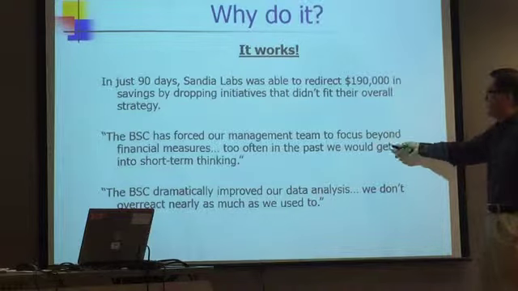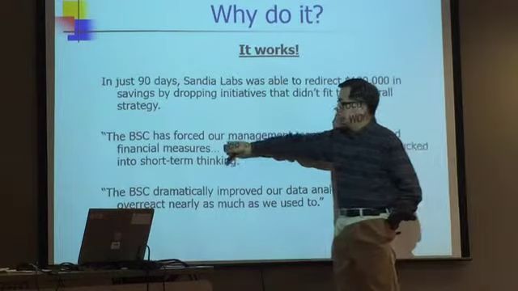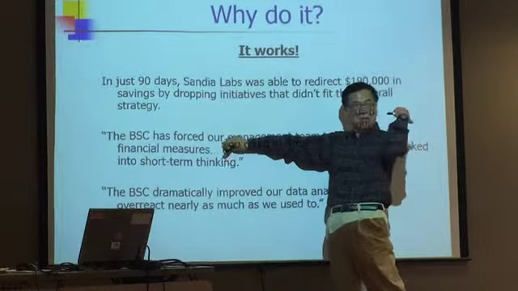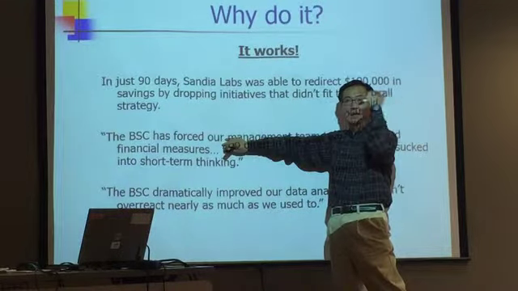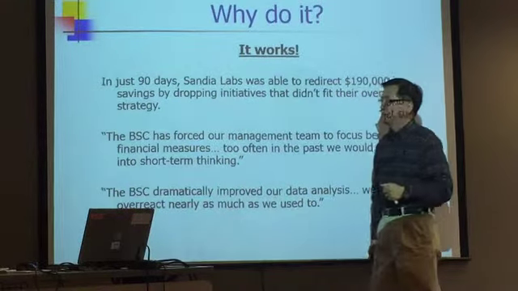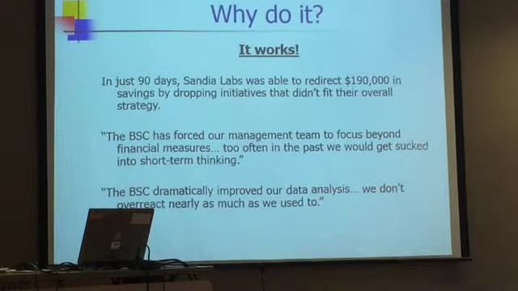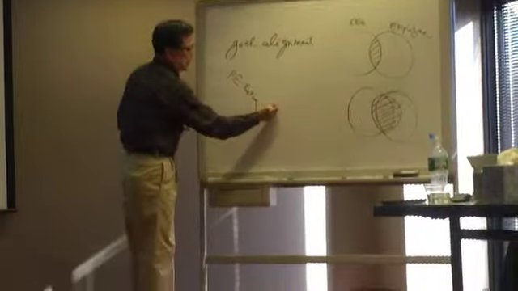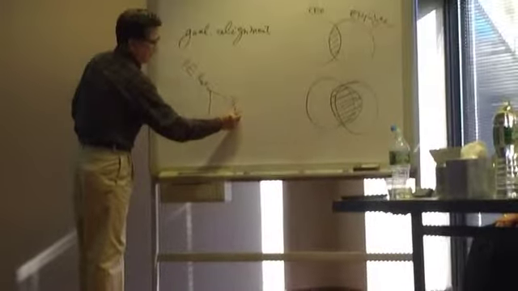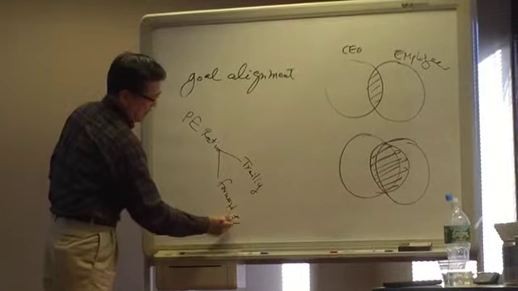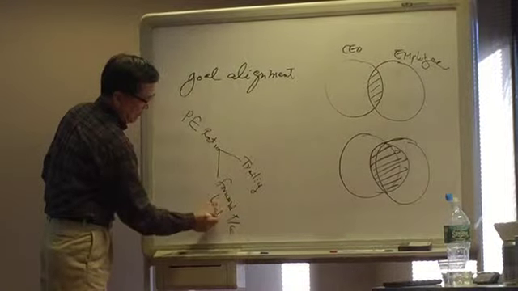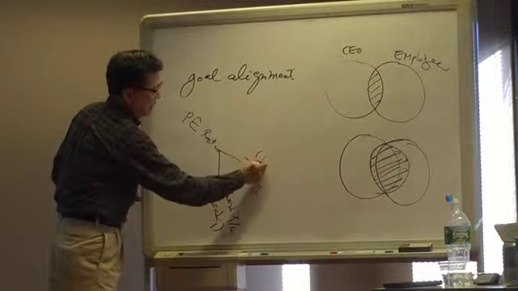Management was forced to focus beyond financial measures, of course, because this is a lagging measure. For PE, there are two price earning ratios, trading and forward looking. This is a leading, and this is a lagging.